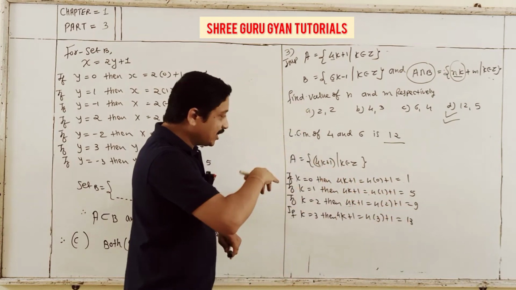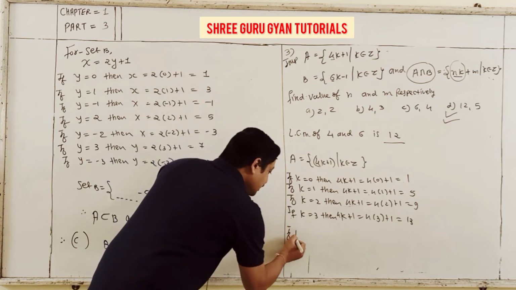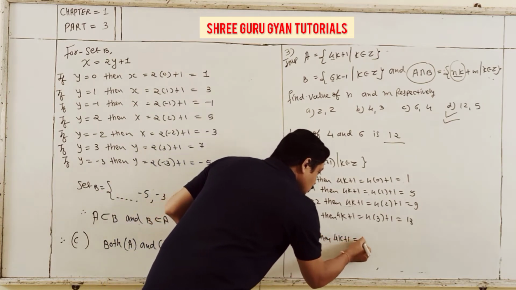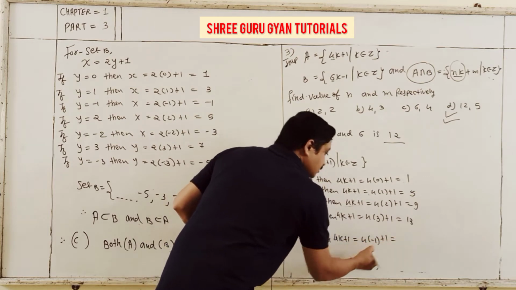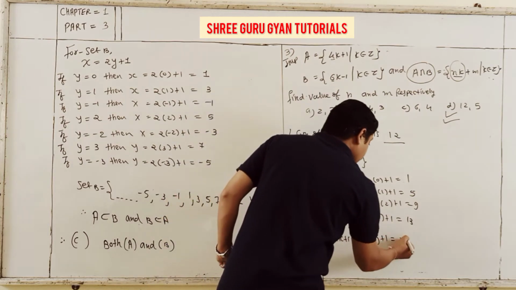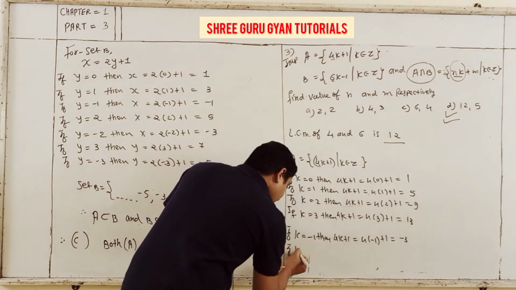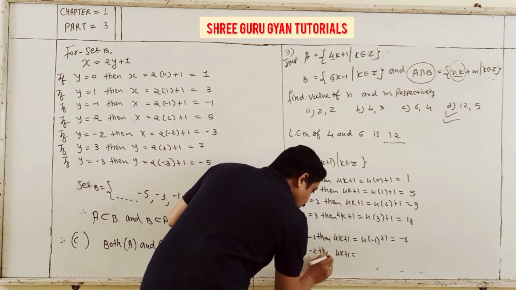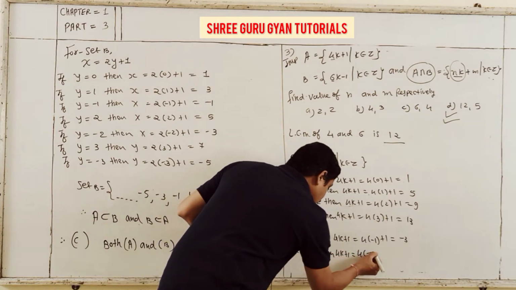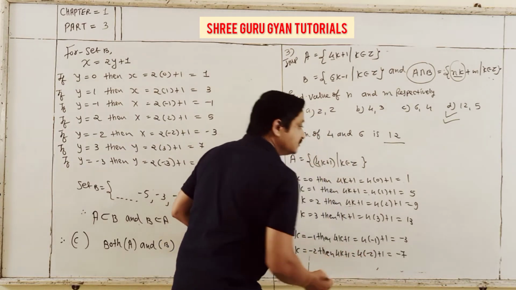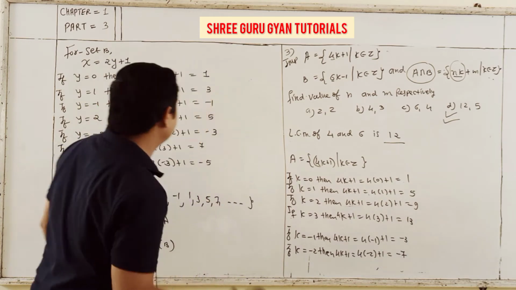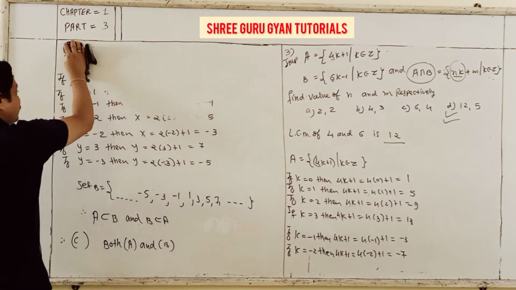One more, you take a decreasing number. If k = -1, then 4k + 1 = 4 × (-1) + 1 = -3. Next if k = -2, 4k + 1 = 4 × (-2) + 1 = -7. In short, set A is ready. I explain here method wise now.